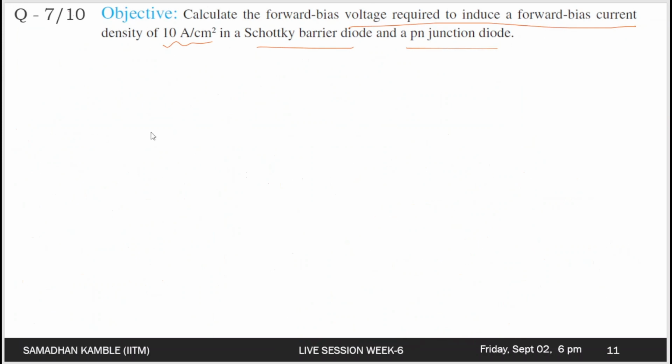So again, we know the total current density for the Schottky diode is given by the same equation that we have used quite a few times now, J equals J_ST times e to the power qV_A by kT minus 1.